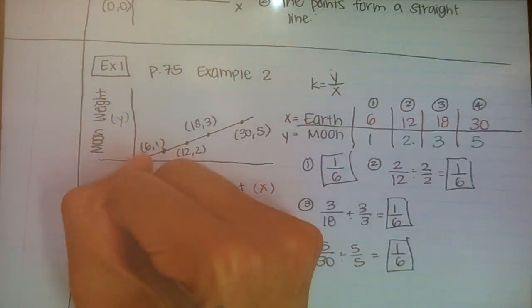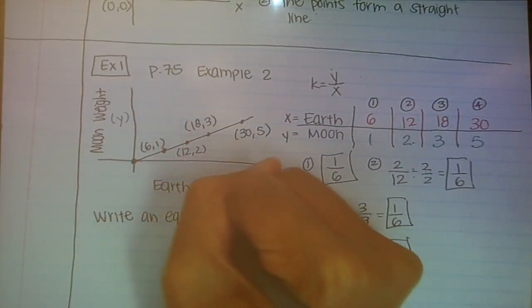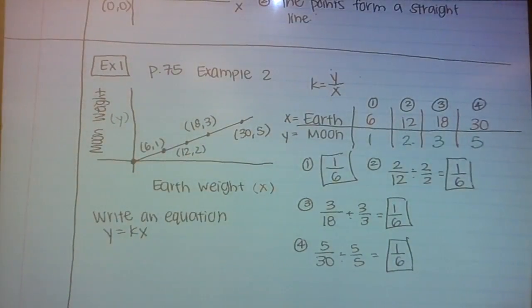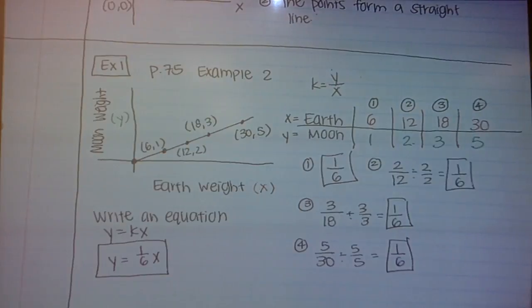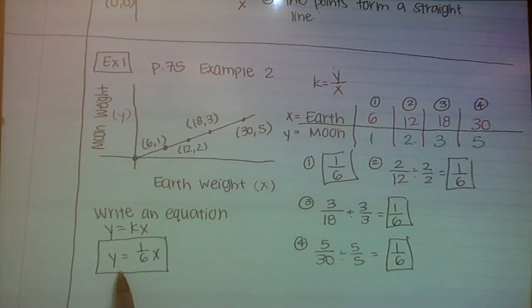Now I write an equation. y equals kx. I know my constant of proportionality is 1/6 because that number is constant. So my equation is y equals 1/6 x.